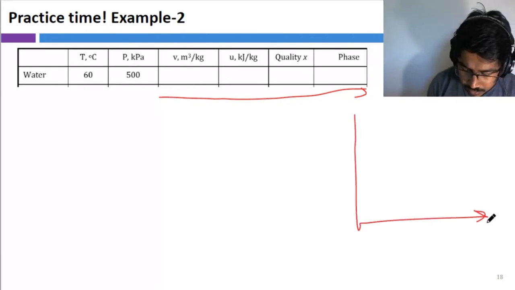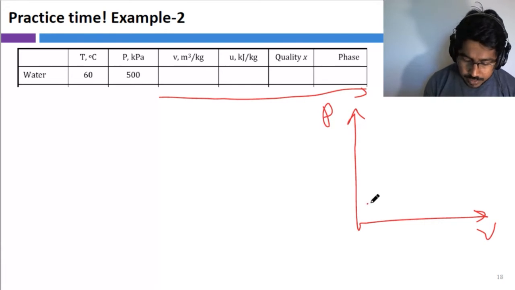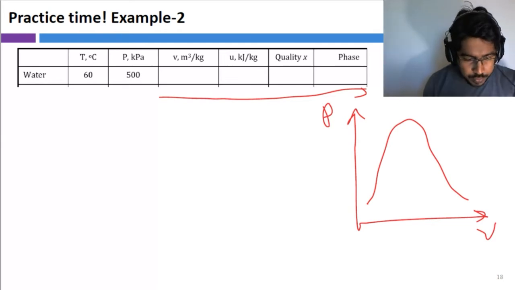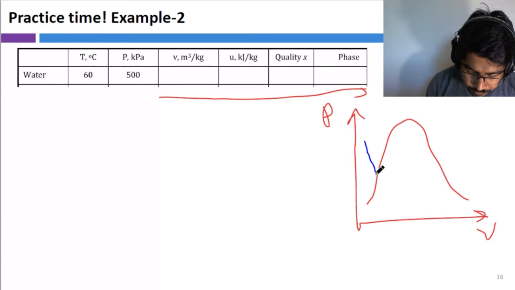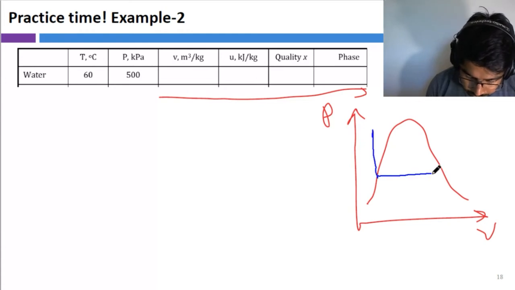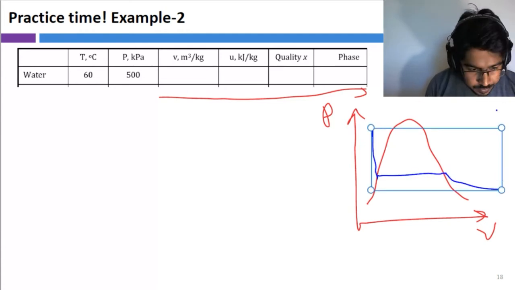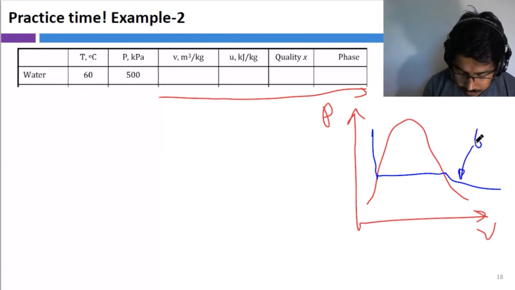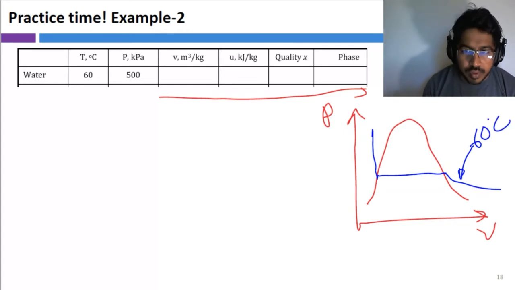So I will draw a PV diagram. You can deal with a TV diagram as well, so either works. Now we have the PV diagram, right? In this one, I'm going to draw an isothermal line for my temperature, which is 60 Celsius, right?